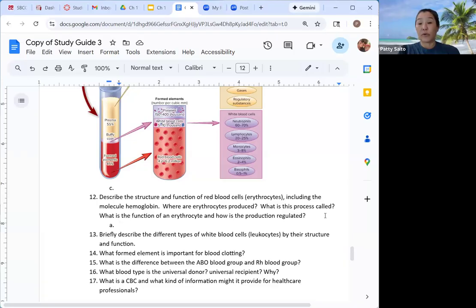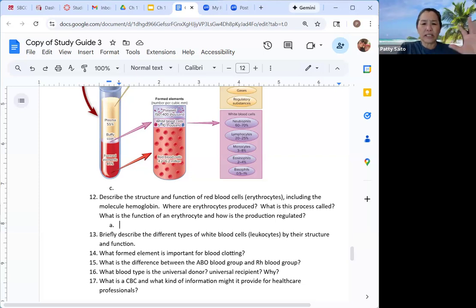Okay, there's a hormone called erythropoietin. So you need to know that term. When you see erythropoietin, you know that it's a hormone that deals with red blood cells, right?